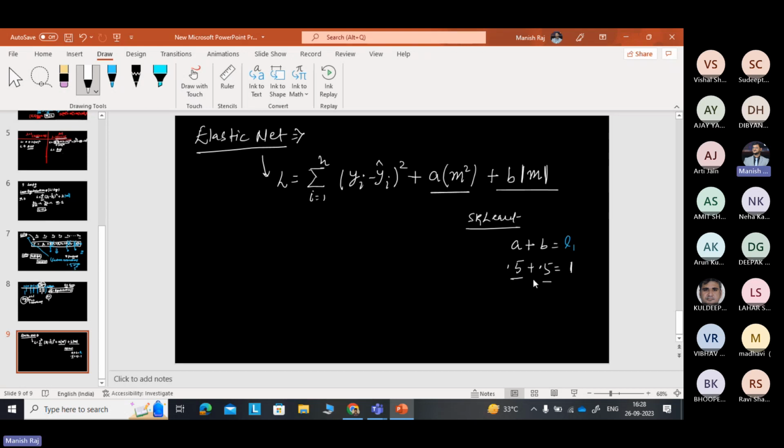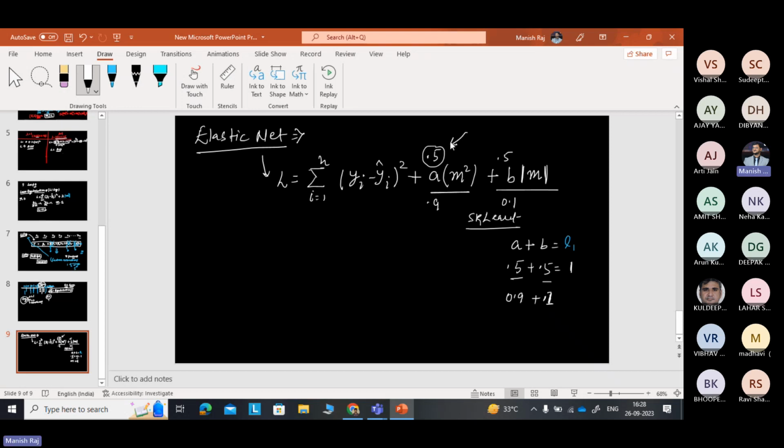So what does that mean? You are giving the preference of lasso and ridge regularization as 0.5 and 0.5, which means half you are using lasso, half you are using ridge. And if you are giving 0.9 and 0.1, what does that mean?